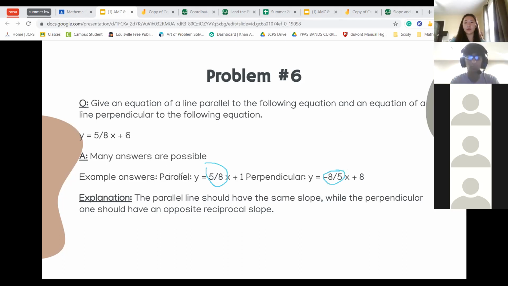The parallel one has to have the same slope as the original line, and the perpendicular one has to have the opposite reciprocal. But these two numbers right here are just a random example of lines that would be parallel and perpendicular. The ones in the boxes can be any number.